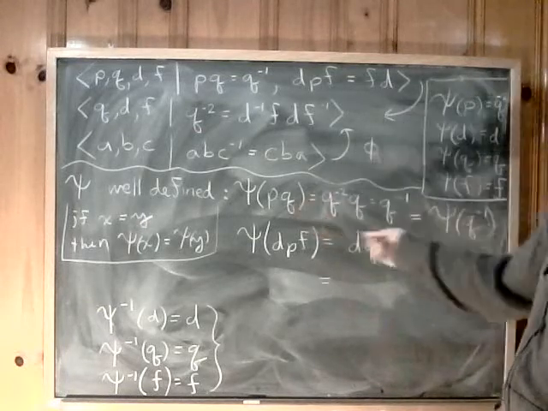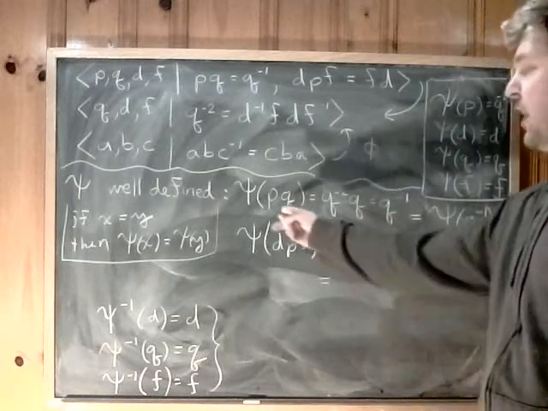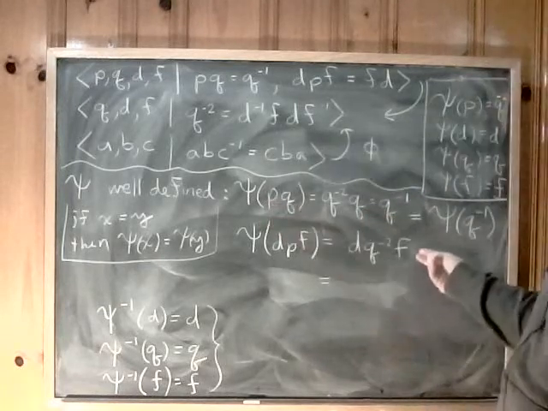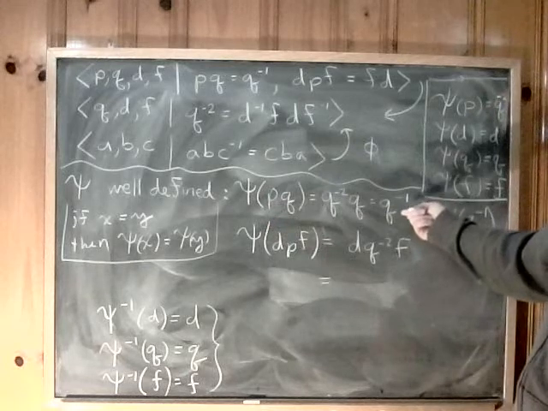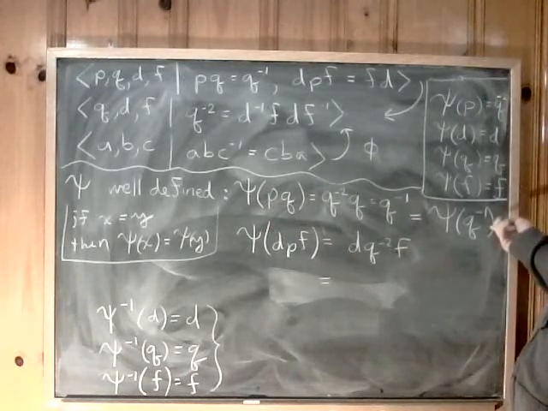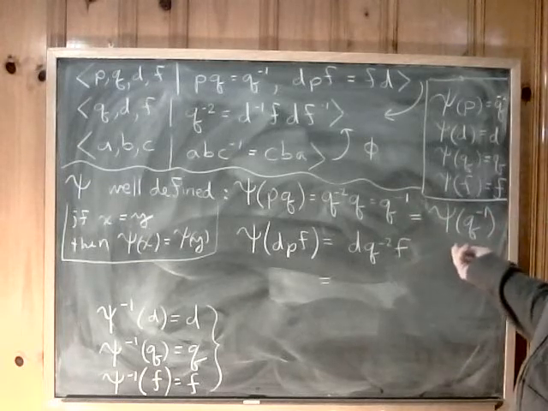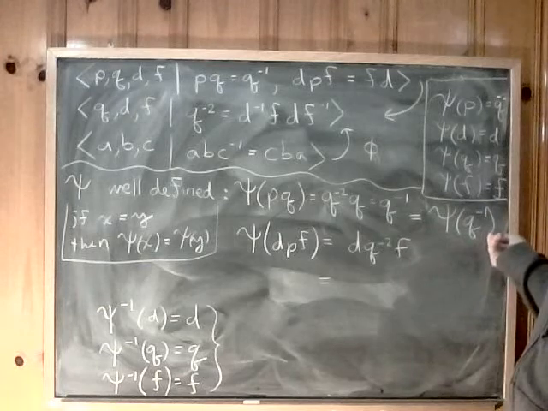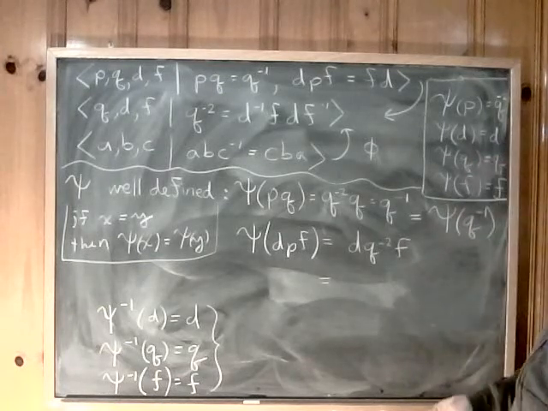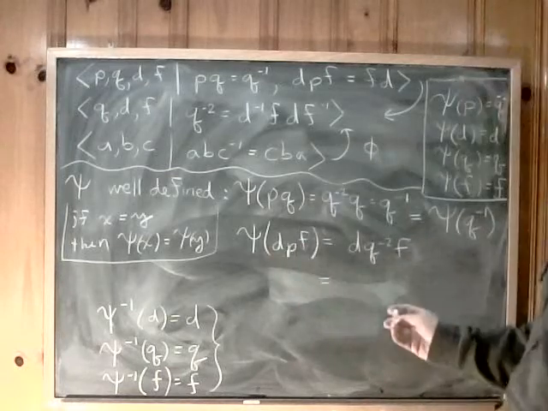C of PQ, using our definitions, gives me Q to the negative 2 times Q. I apply C to P and then Q separately. But then, of course, one of the negatives cancels, and I get Q inverse. And C of Q inverse is Q inverse, just because by definition it takes inverses to inverses, and it takes Q to Q.